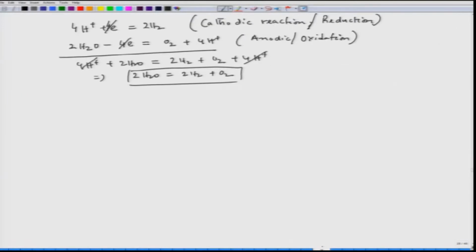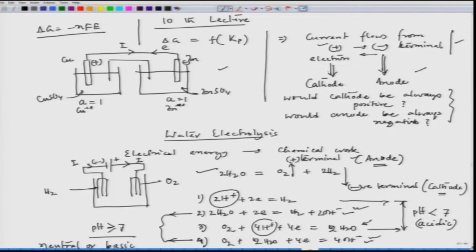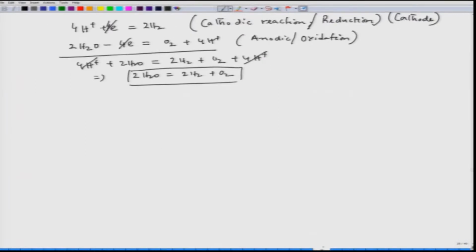But interestingly, now you see this is the cathodic reaction, and cathodic reaction always happens on the cathode. Now, since this terminal is negative, the hydrogen ion will go there and get reduced. So, the cathodic reaction is taking place on the cathode, but interestingly this terminal is negative.